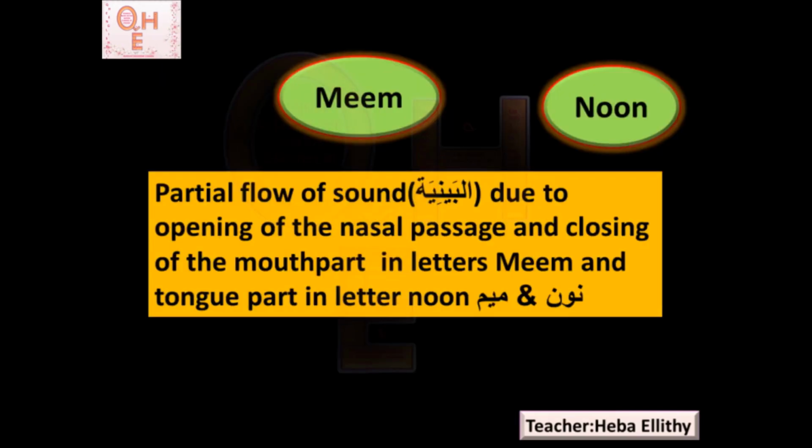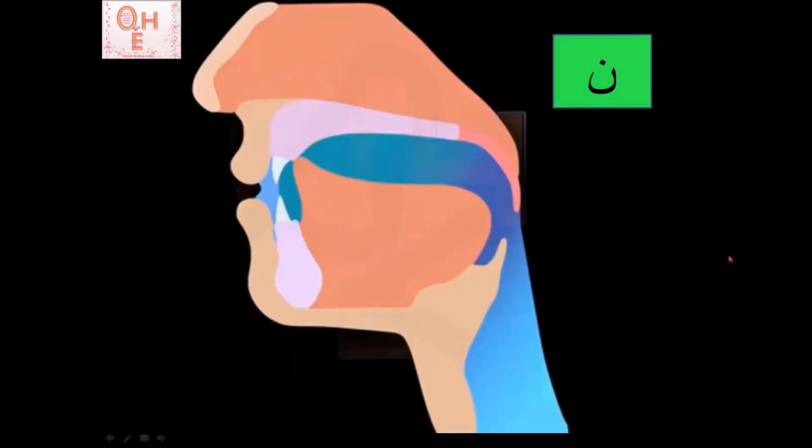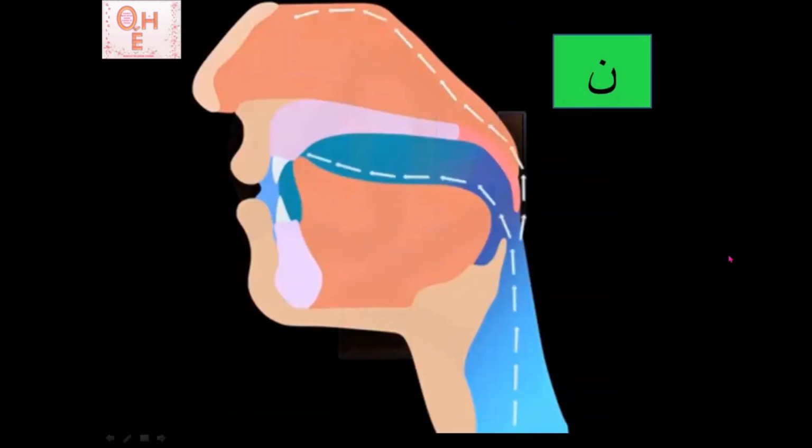Our letters here are Noon and Mim. Mim and Noon: partial flow of sound, bayniya, due to the opening of the nasal passage and the closing of the mouth part in letter Mim and the tongue part in letter Noon. Why do we say there is bayniya in Noon and Mim? Because if you look here, sound is coming from inside to outside and it's separated in this area.